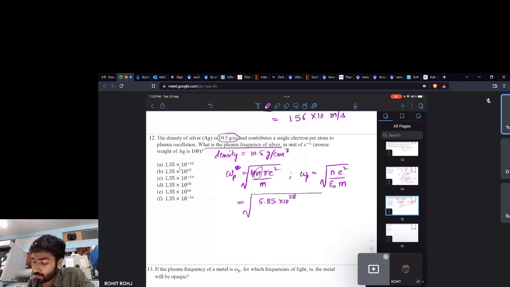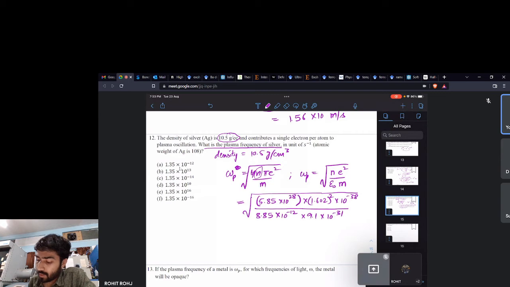Now we have accounted for the meter cube as well. This value is n, and then the electric charge squared, 1.602 squared into 10 to the power minus 38, divided by epsilon naught, whose value is 8.85 into 10 to the power minus 12, and the mass of the electron in kilograms.